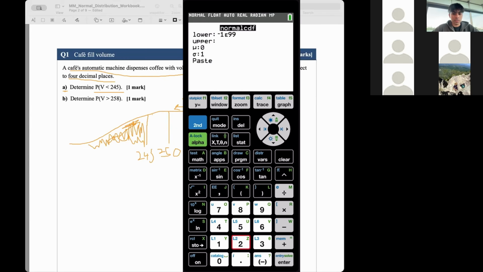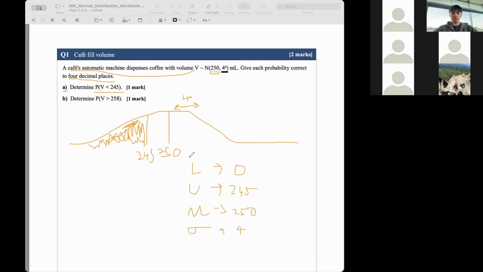For your lower value, you would type in 0, and your upper value 245. For the mean and standard deviation, we have a mean of 250 and a standard deviation of 4. You type all these values in and you should get your probability. Would you type negative infinity or 0? You would just type 0 because you can't have negative infinite volume.